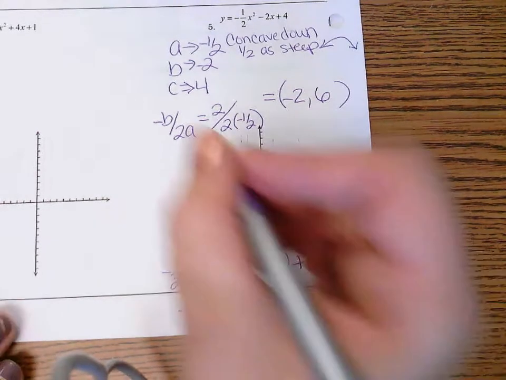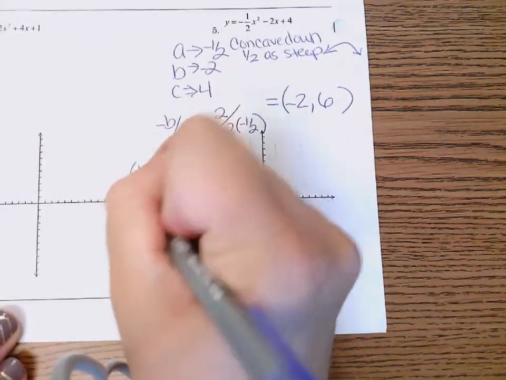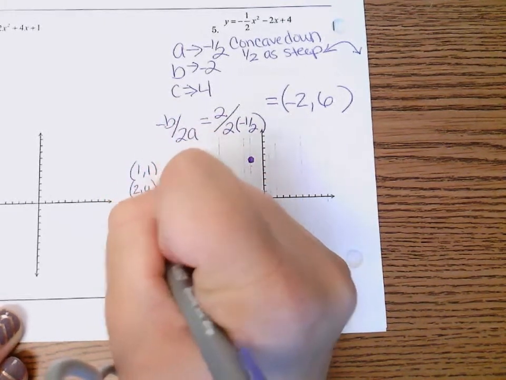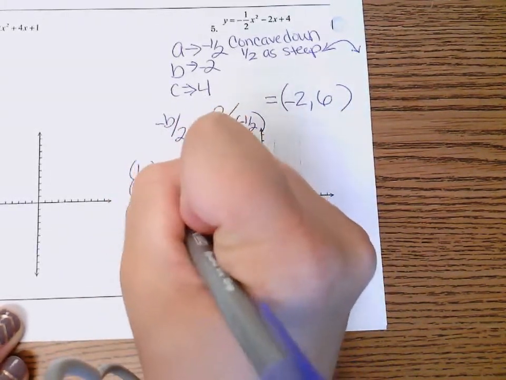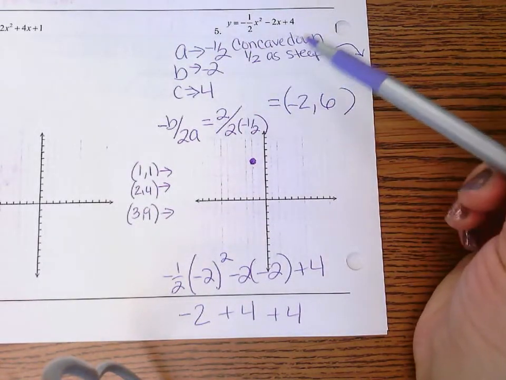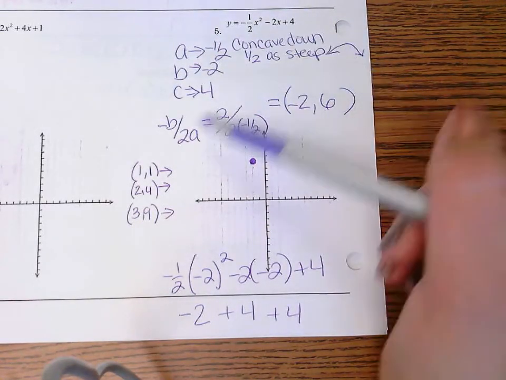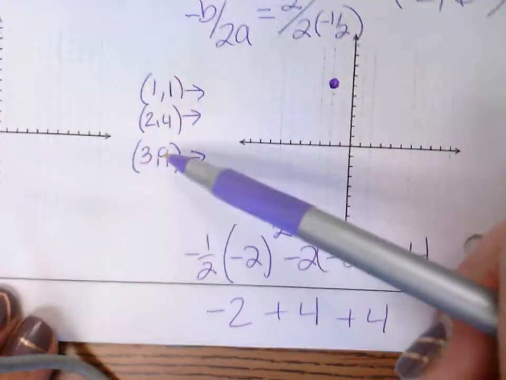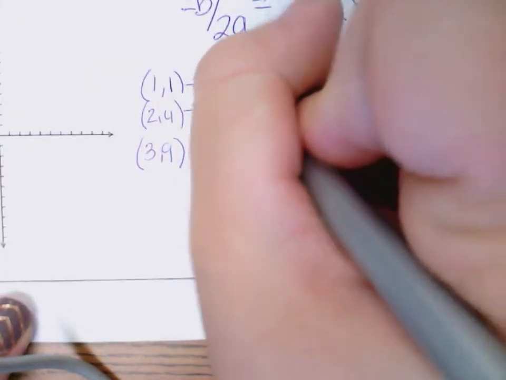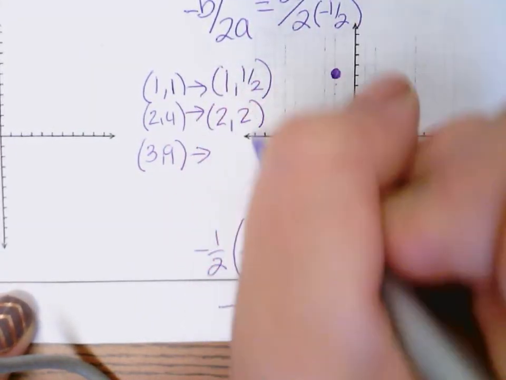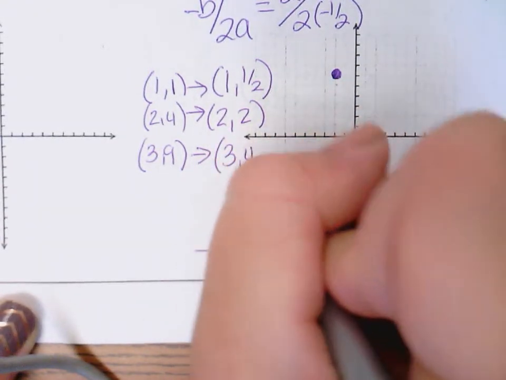And just like I did at the beginning when I was doing the stretch times 2, I might write down the set of points and do the shrink times 1/2. I know the negative flips it upside down, so I'm not going to record negatives. Just what would shrinking these y values mean? It means I go 1, but I only go 1/2. I go 2, but I only go 2. I go 3, but I only go 4.5.